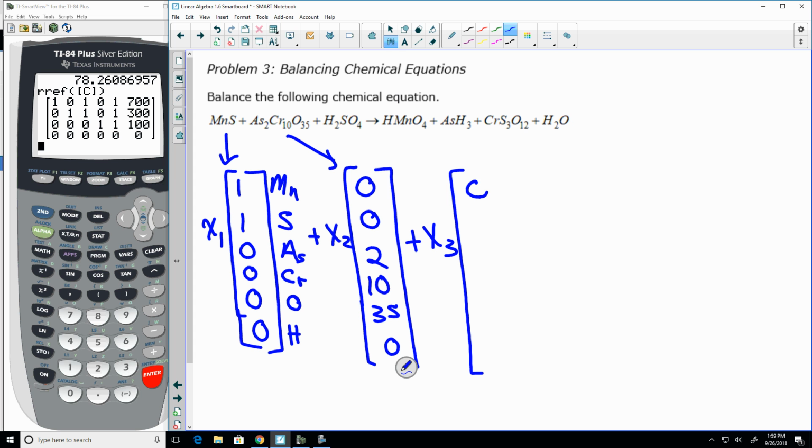x3: 0 manganese, 1 sulfur, 0 arsenic. There's no chromium. There is 4 oxygen and 2 hydrogen. Equals.